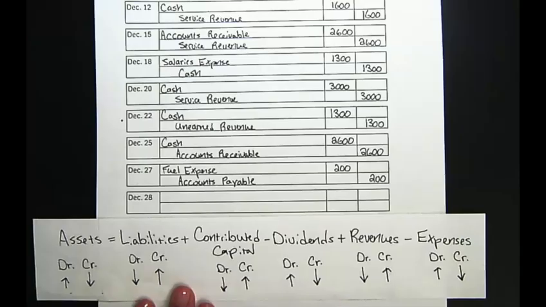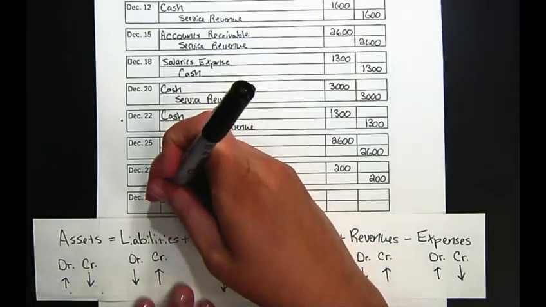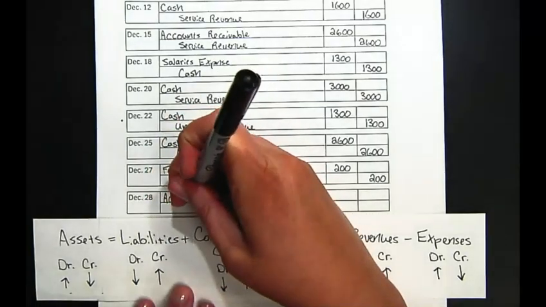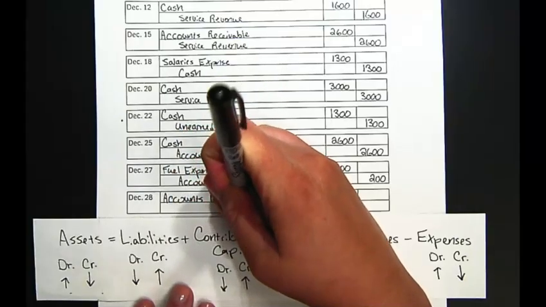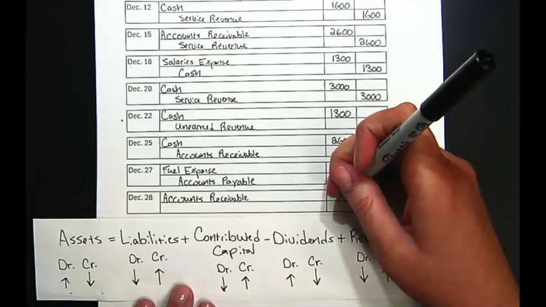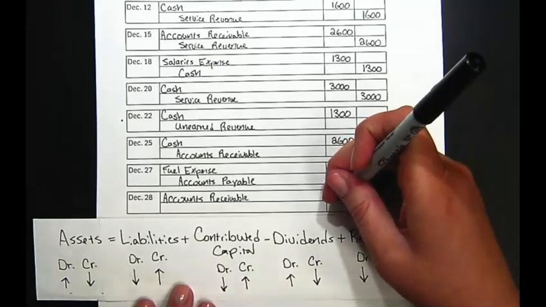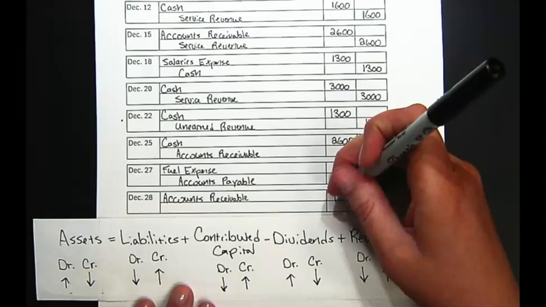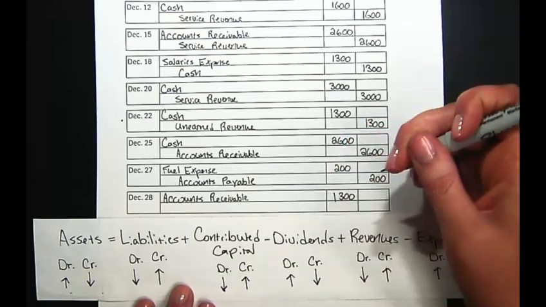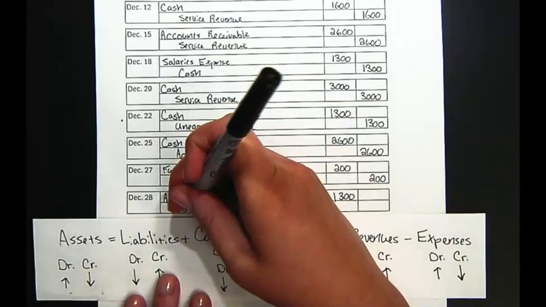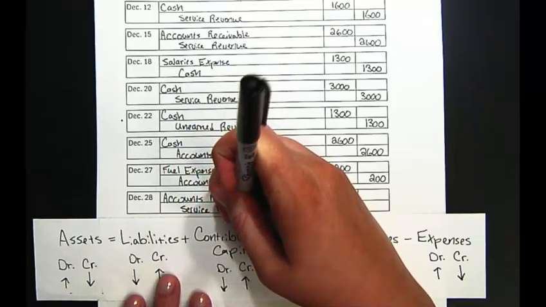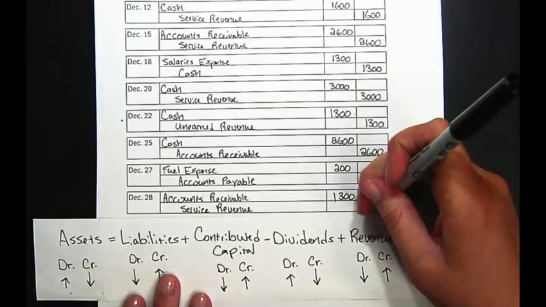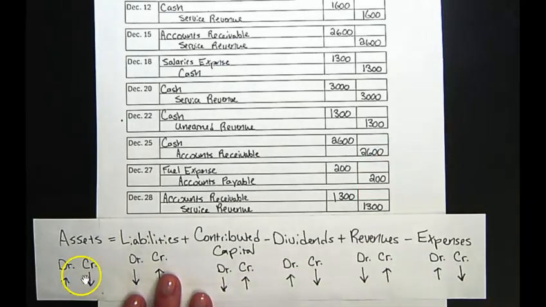Accounts receivable is an asset. We increase assets with a debit. So I will debit accounts receivable, $1,300, and credit service revenue, $1,300. We are in balance.